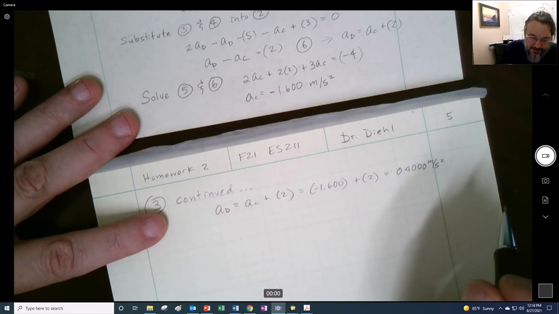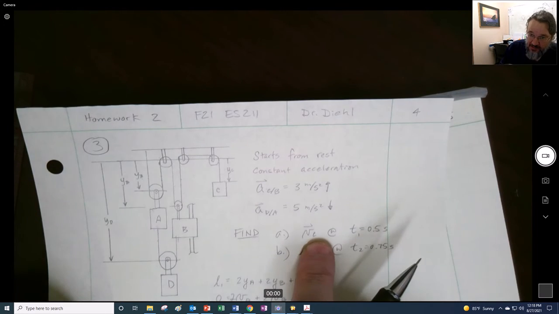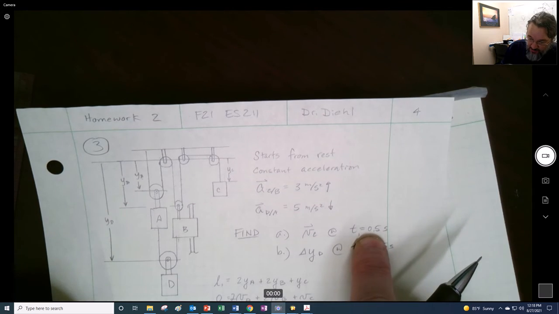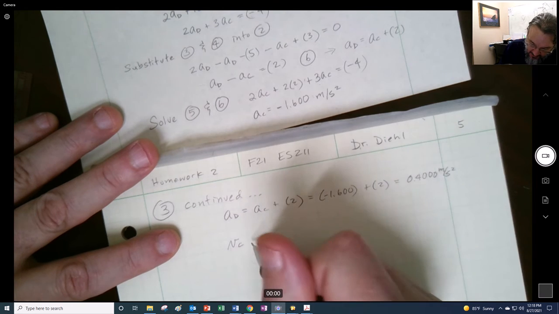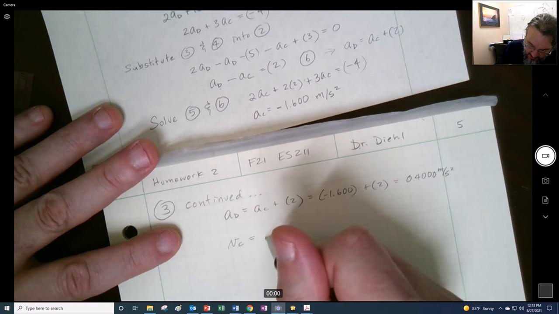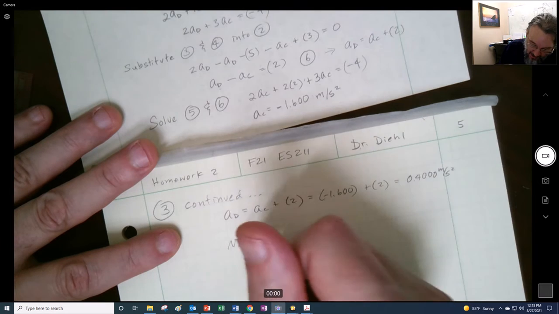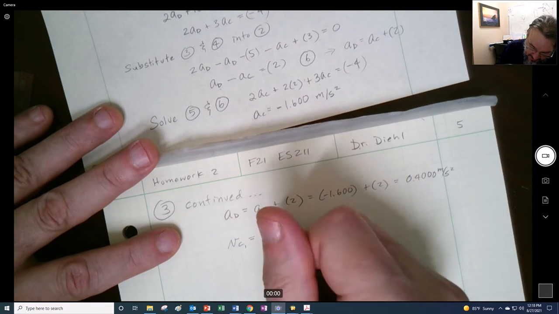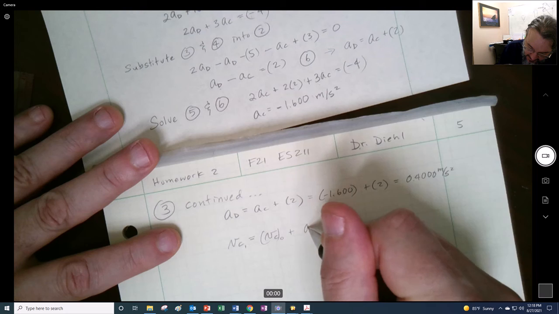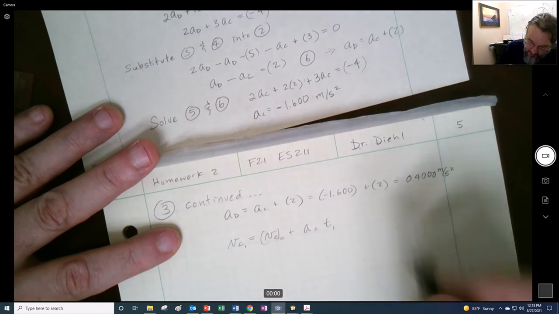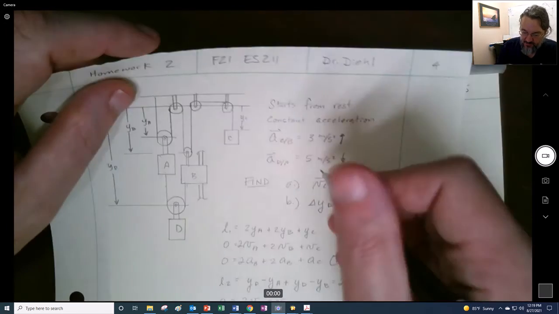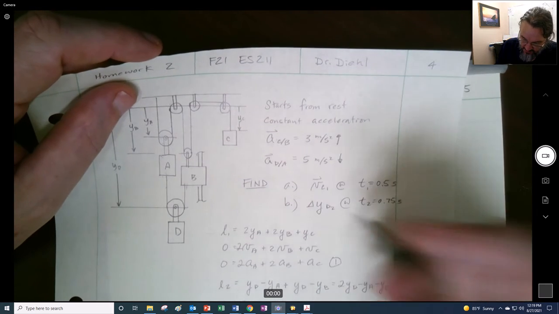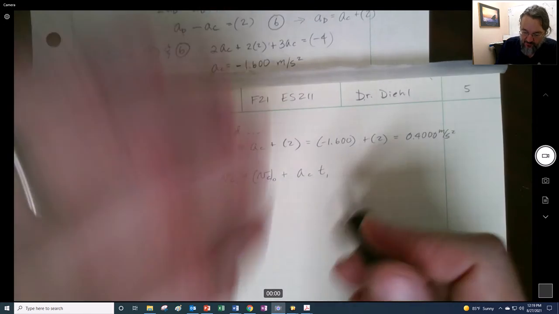And we were trying to solve for velocity of c at 0.5 seconds. It starts from rest. So the velocity of c, which I decided to call 1, is 0, plus the acceleration of c times time 1, and we said in the problem that we were looking at 0.5 seconds, so we'll call that t1. And this will be 2 because I had that as 0.75.